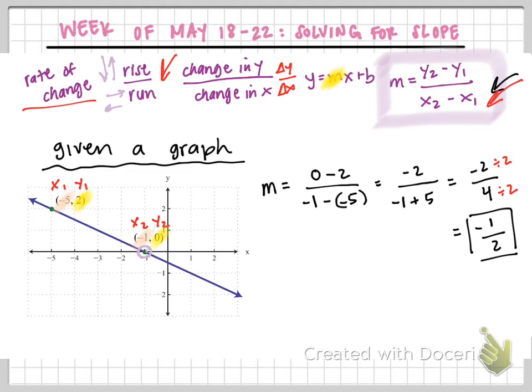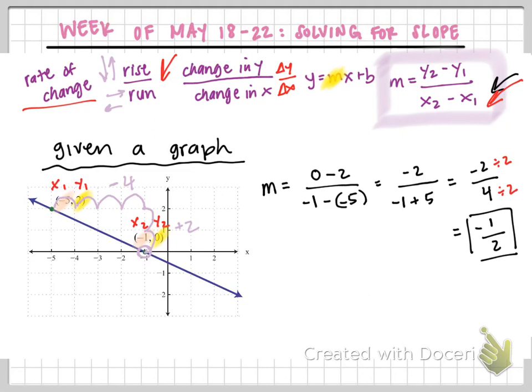So I go up 1, 2. This is going up 2. That's a positive then. And then I need to go to the left. So 1, 2, 3, 4. So that's 4, but since I went to the left, that's negative. And then remember, it's always the change in y over the change in x.